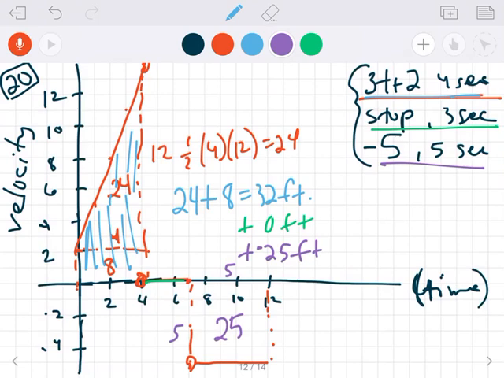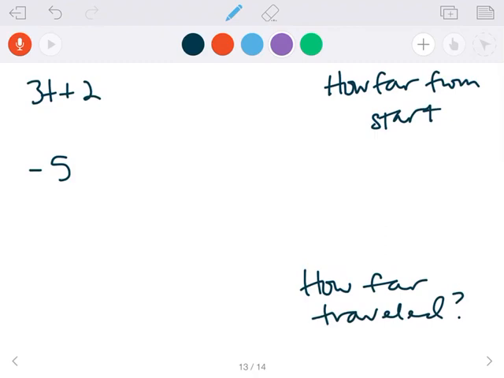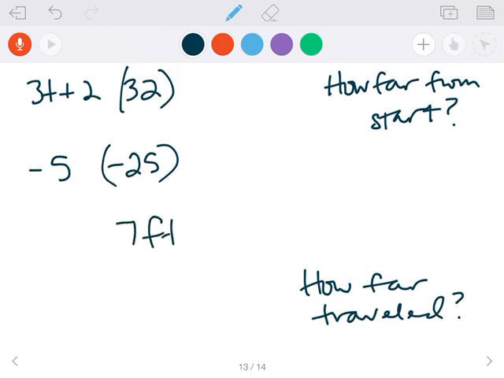And so the question in number 2 is, how far from the start are we? If it traveled positive 32 feet from this and negative 25 feet from this function, we add those together and we see that it only ended up 7 feet from where it started.